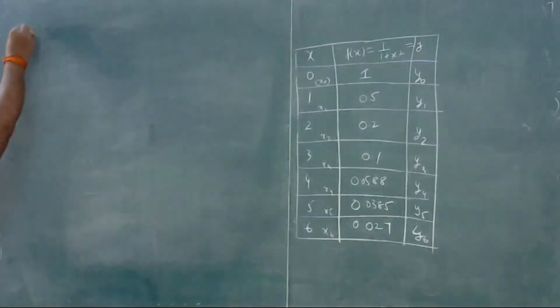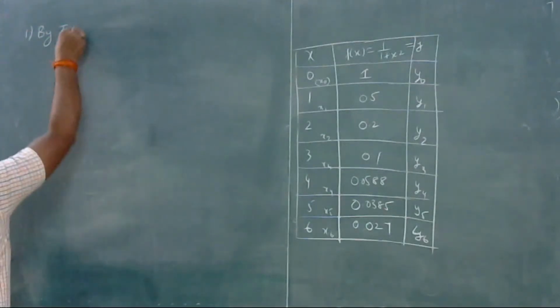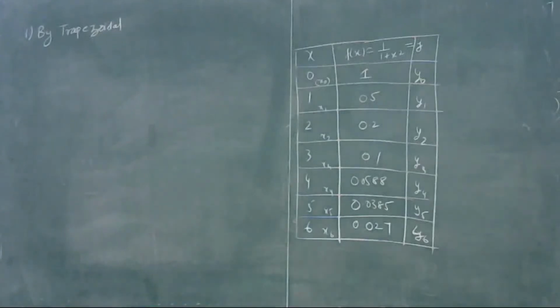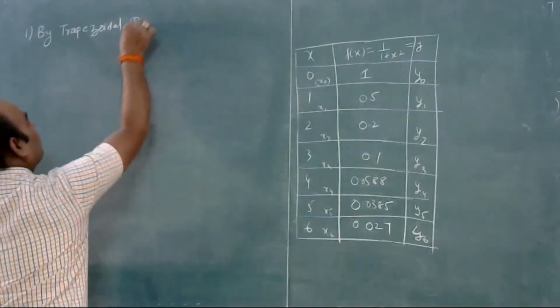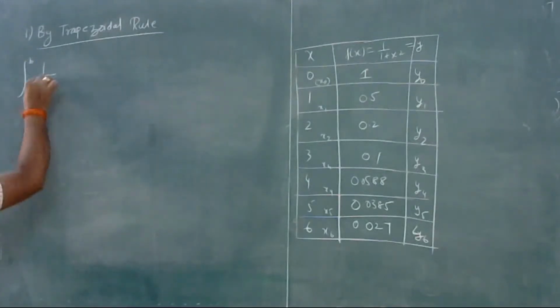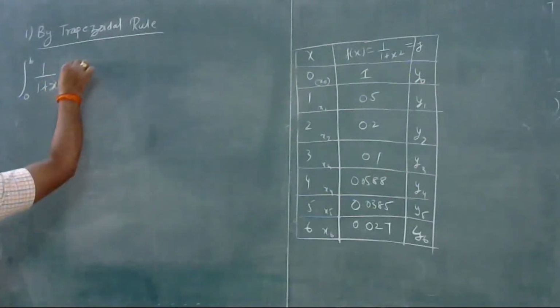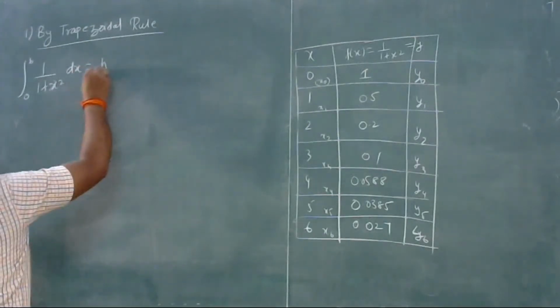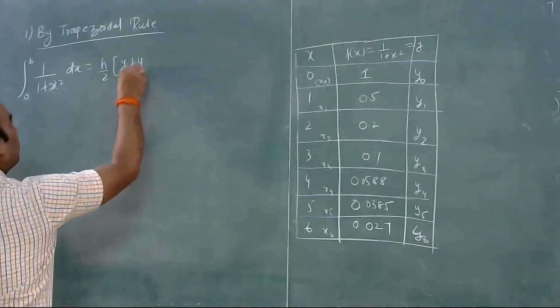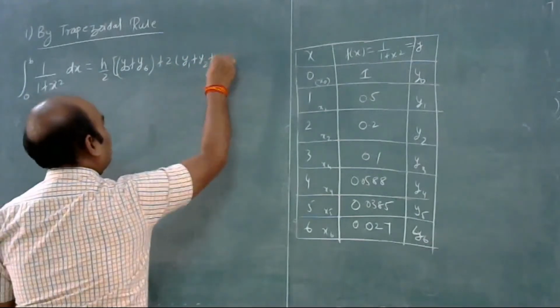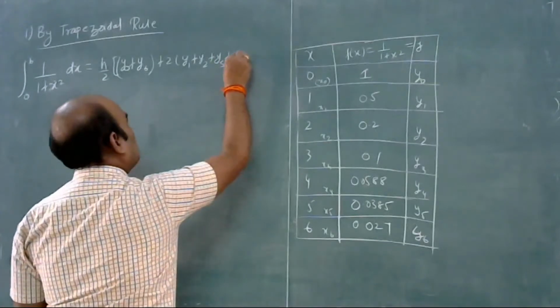So first, the trapezoidal rule. The integration from 0 to 6 of 1 upon 1 plus x square dx is equal to h upon 2 times y0 plus yn, so yn is y6, plus 2 times y1, y2, y3, y4 and y5.